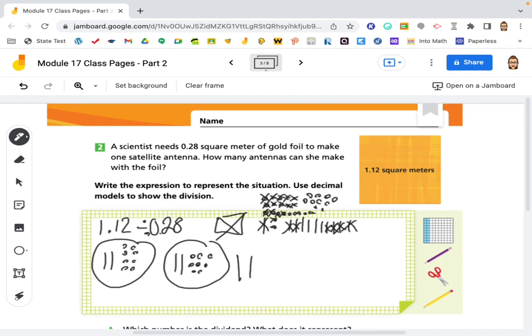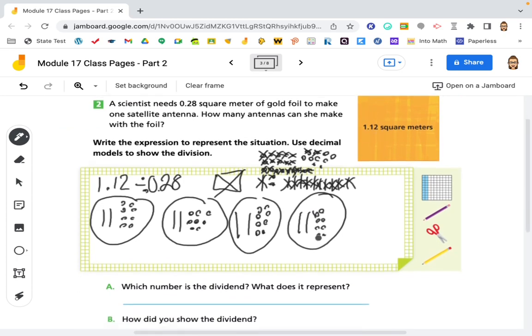I'm going to go 1, 2, and 1, 2, 3, 4, 5, 6, 7, 8. And 1, 2. 1, 2, 3, 4, 5, 6, 7, 8.